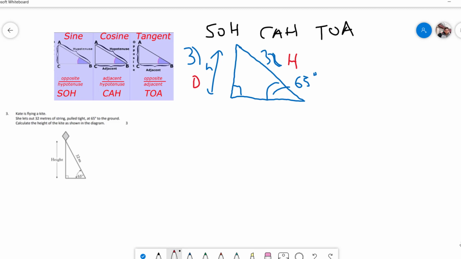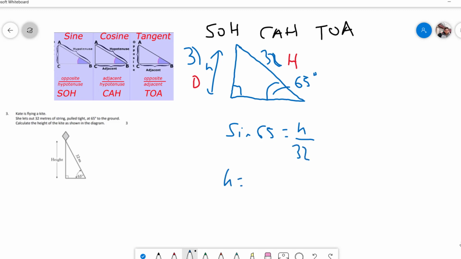So what are we given? O and H. What formula consists of O and H? Well, it's the sine, opposite over hypotenuse. So we can say sine 65 is equal to opposite, which is h, and the hypotenuse, which is 32.